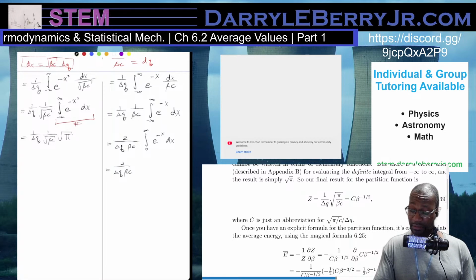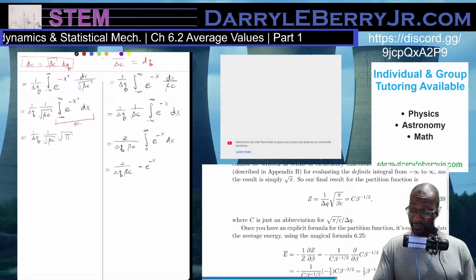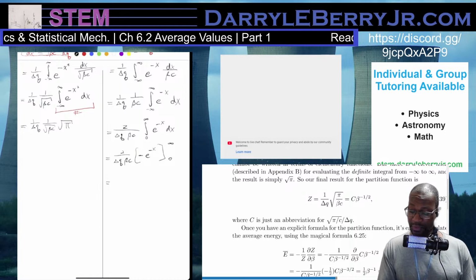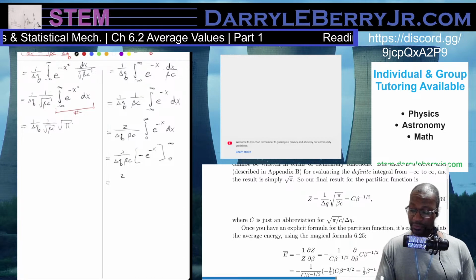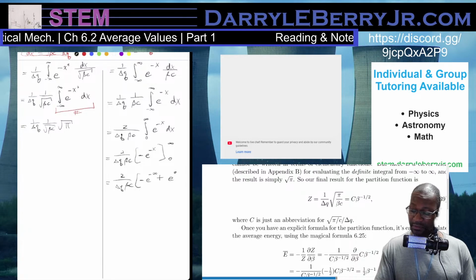And now we have negative e to the negative x from 0 to infinity. So we have 2 over square root of q bc, and now we have negative e to the negative infinity plus e to the 0.